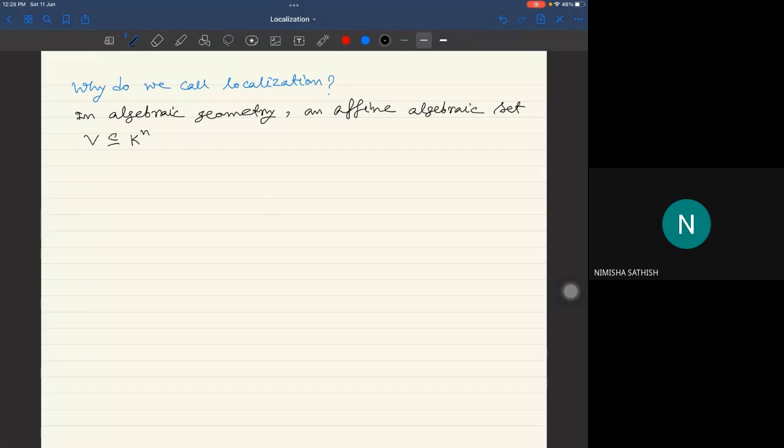Here K is a field. I should consider an algebraically closed field. You don't always need an algebraically closed field, but we are assuming this to explain Hilbert's Nullstellensatz and all. So K is an algebraically closed field, and n is some positive integer.